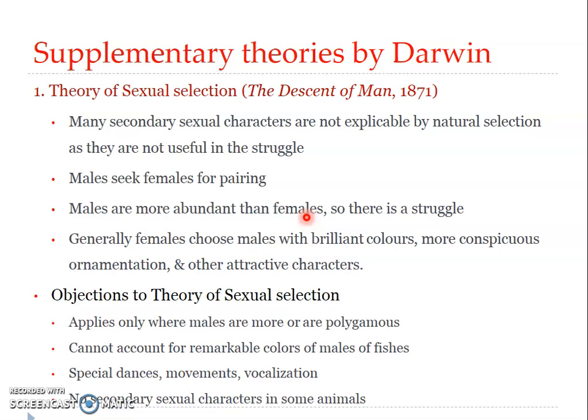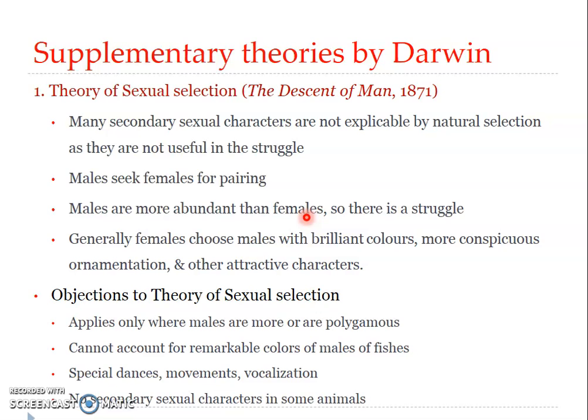Okay, and as per Darwin, in sexual selection the female is the selecting agent, whereas in natural selection, nature is the selecting agent. And in natural selection, only organisms with favorable variations are selected.